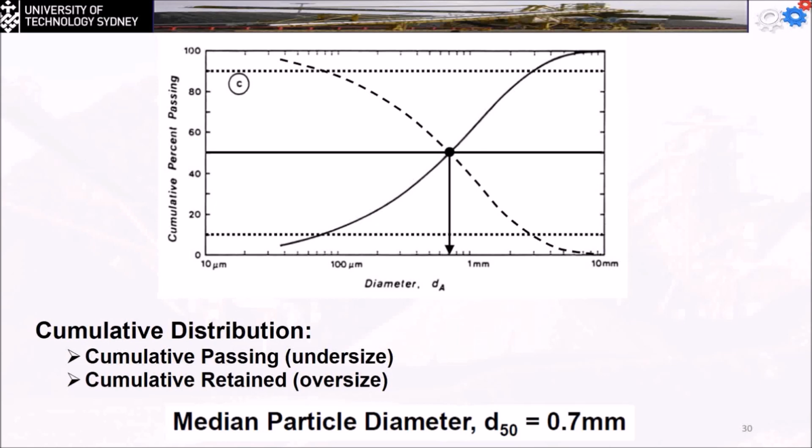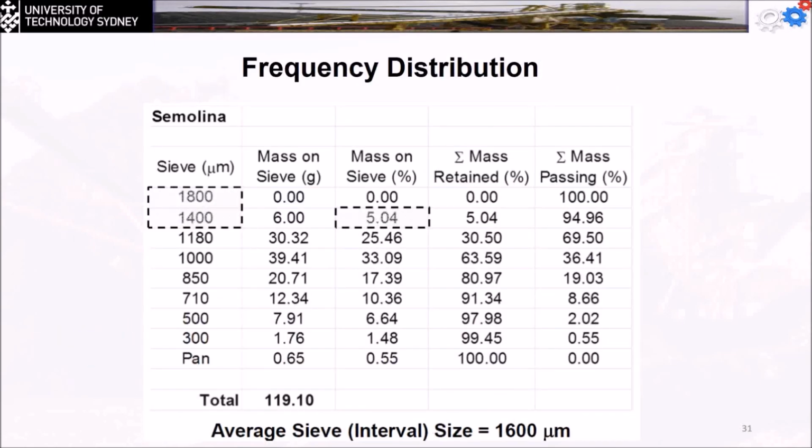Okay, now for the frequency distribution, we don't want to consider this one because actually nothing was held on this side. So we can start from the 1400, and we're going to have the calculation for the average sieve size of the 1600 micrometers. We can simply make another diagram. We don't use the 1800 because it was zero, nothing was held there. And this is the 300 and the 1600.